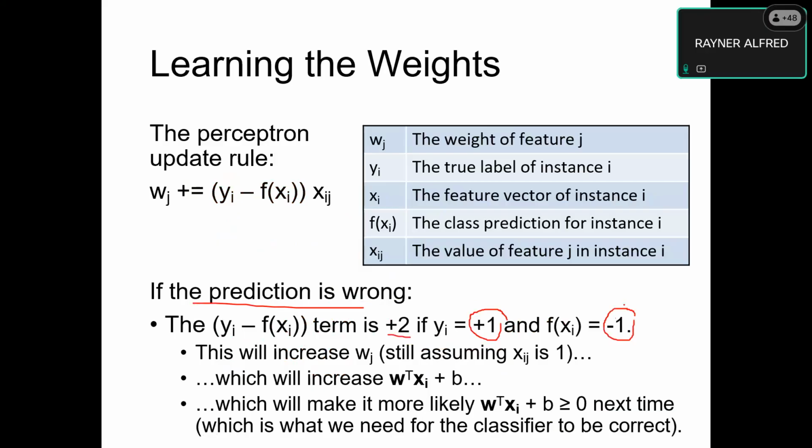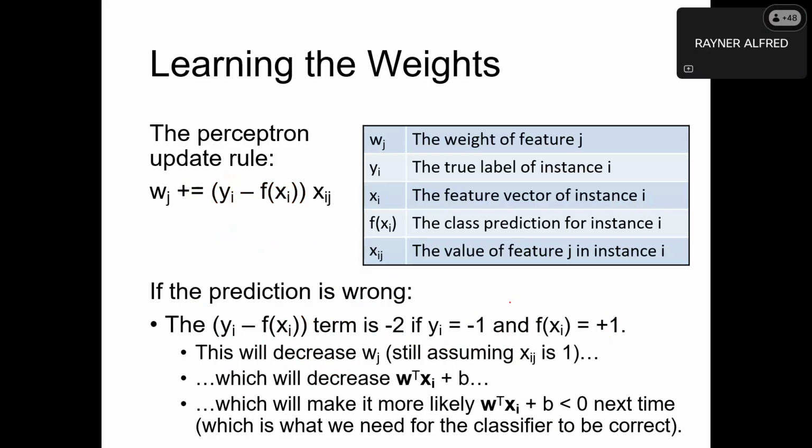So we want to +2 so that this one moves to the positive. Similarly, when the actual one is negative but we are predicting them as positive, we want to move them to be negative, so we have to change the weight by -2. So this is how we can adjust the weight of your variables.